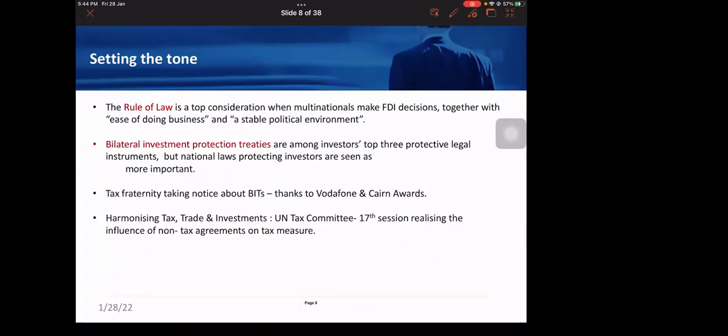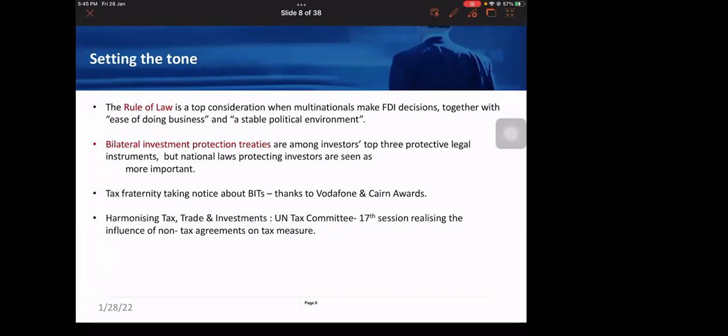So, whatever we have seen, rule of law is a top consideration which multinationals make in their decisions. As much as national laws are significant, at the end of the day, ease of doing business and a stable political environment go without saying, but the very essential aspect they look at is rule of law. This obviously has significance to the Vodafone and Cairn issue as well.